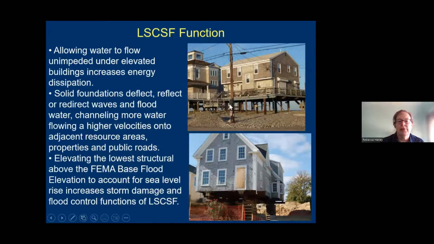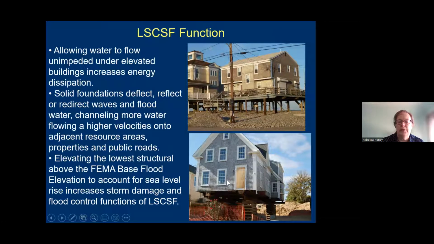So allowing the floodwater to go under, in this case, this is a velocity zone, and this would have waves coming across this dune. Allowing those to go under the house and spread over a wider area makes a big difference in slowing down the floodwaters rather than redirecting them around this house onto the adjacent properties.